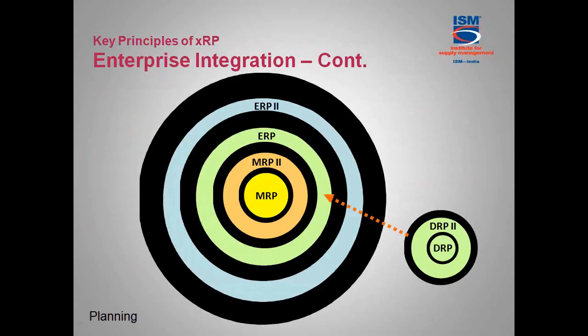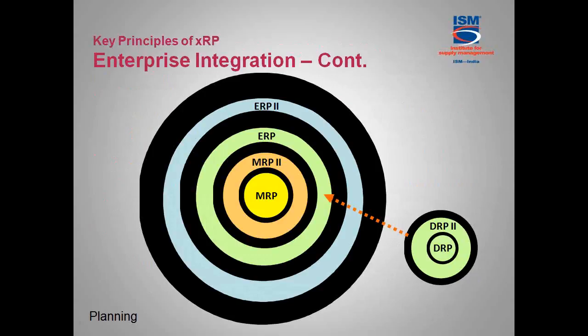But the problem with MRP was that it was useful only for operation purposes, not for financial purposes, and material is very important for financial purposes also. Then people talked about coming out with a system which can include material requirements along with financial resources.